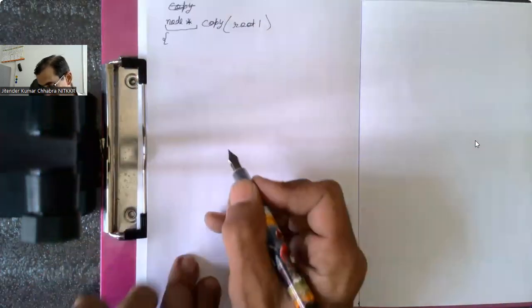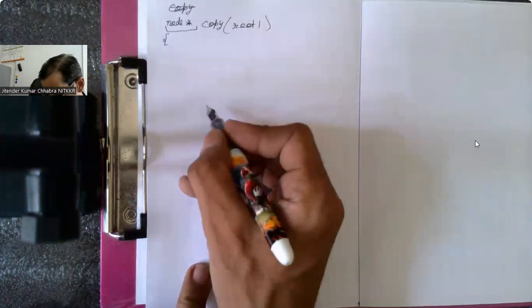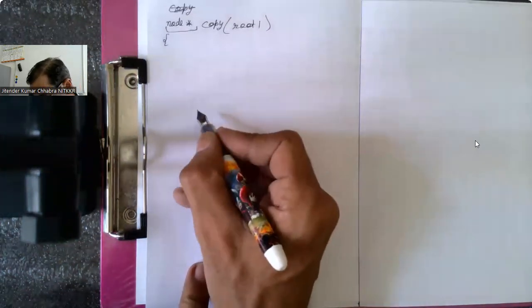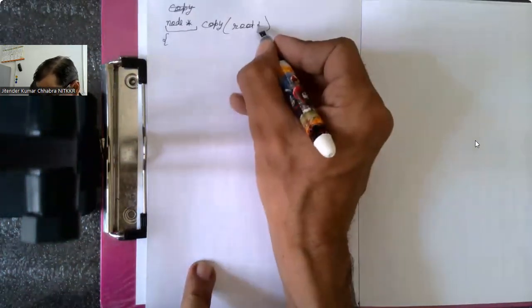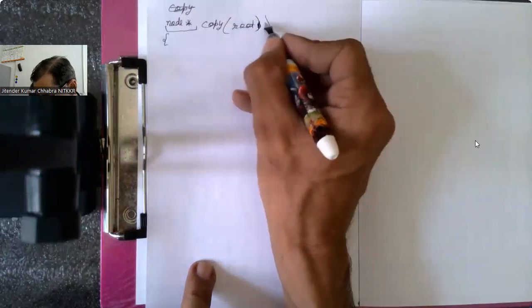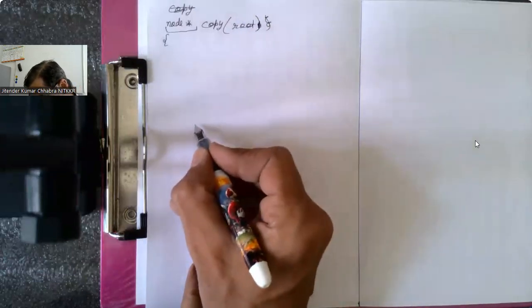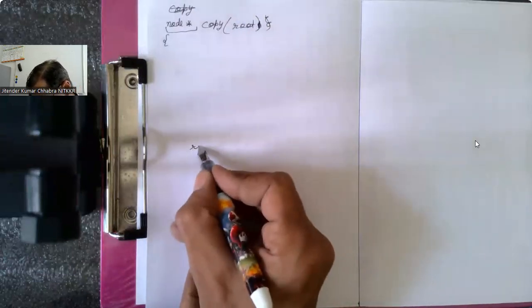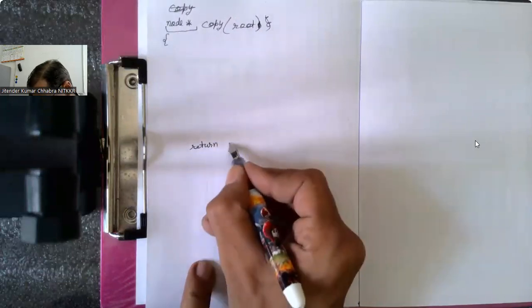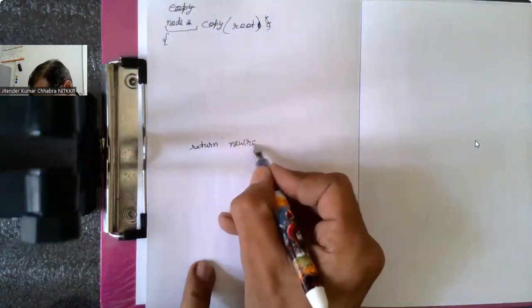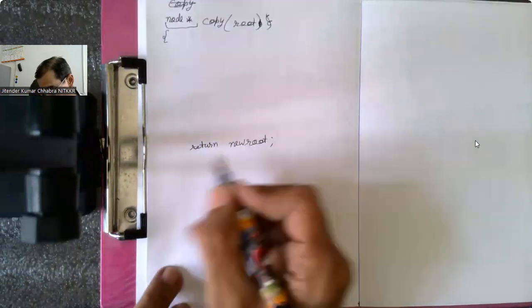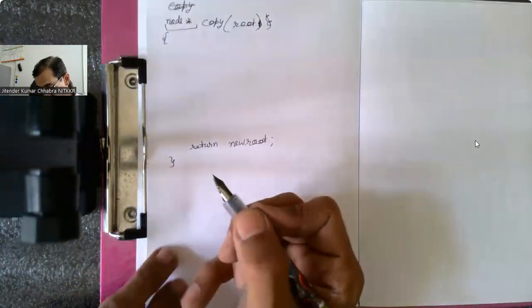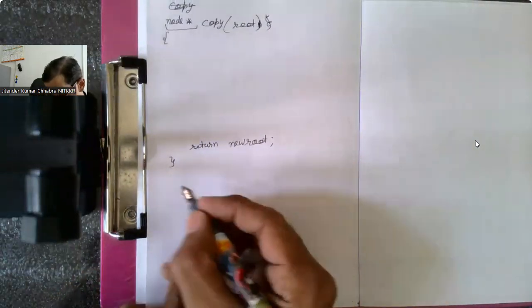Because in my programming, I have shown node star, so I'm just using the word node star. And maybe new root will get calculated. So if I call copy root with this syntax, ultimately I would like to write here return new root. So a new binary tree should get created, and that should be returned.